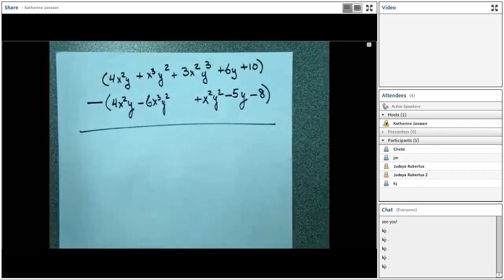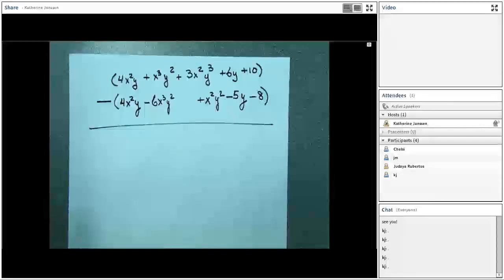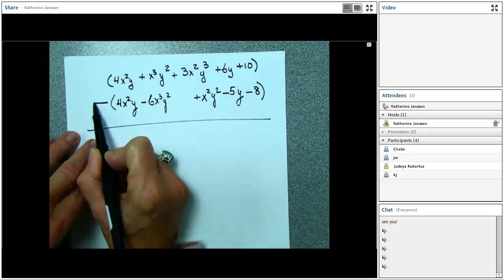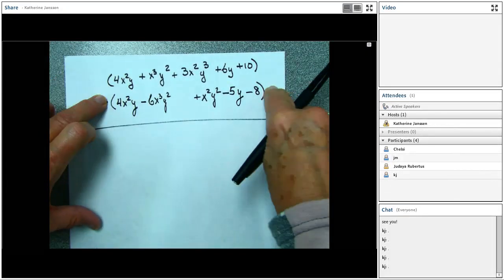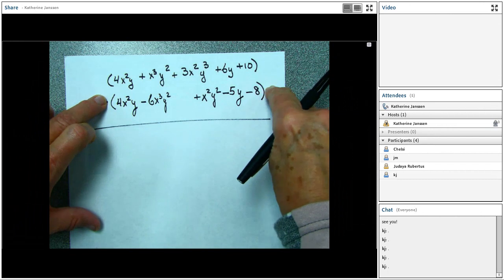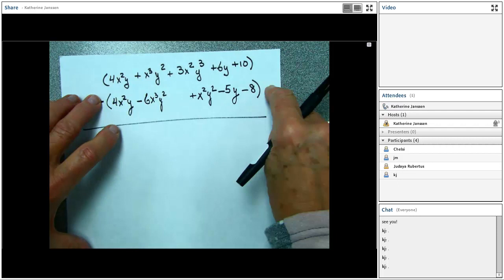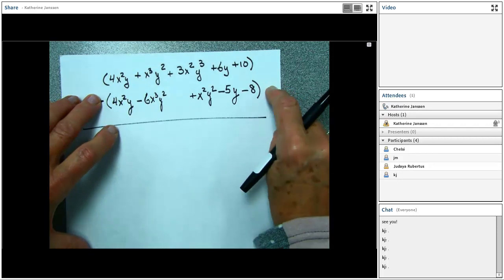I tried to columnize as I'm subtracting the polynomials. Notice I'm subtracting this entire polynomial. So that means I'm looking for the opposite of this polynomial, which will change the sign on each term.